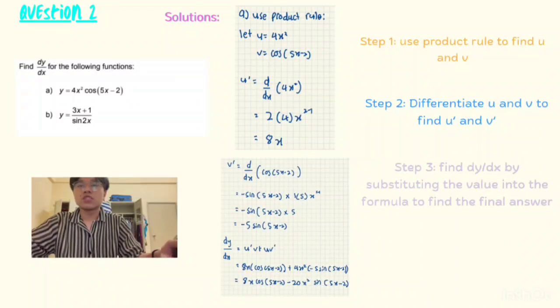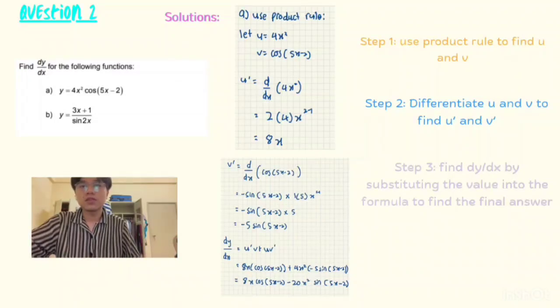Differentiating it, it will become negative sin 5x minus 2 times 1 times 5 to the power of 1 times x to the power 1 minus 1. So we will get negative sin 5x minus 2 multiplied by 5, so the product of that is negative 5 sin 5x minus 2.